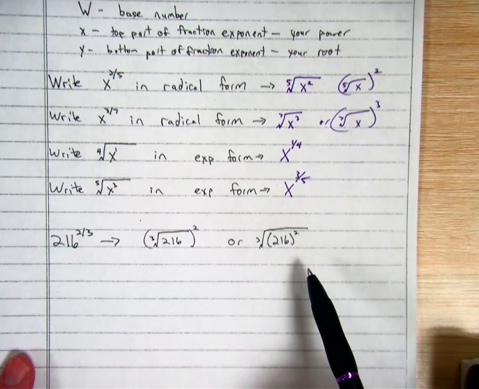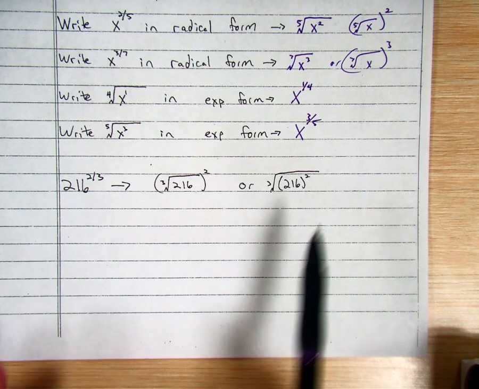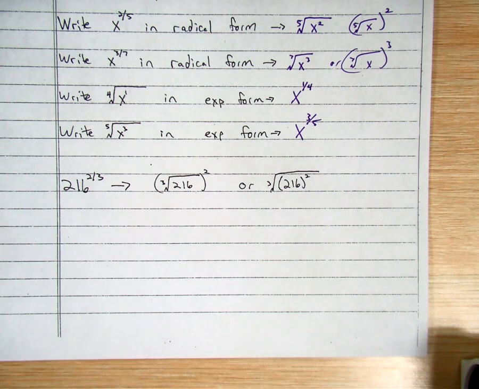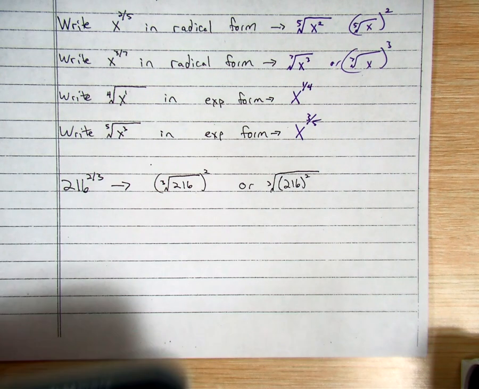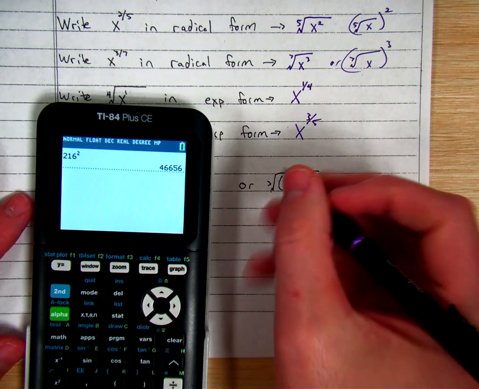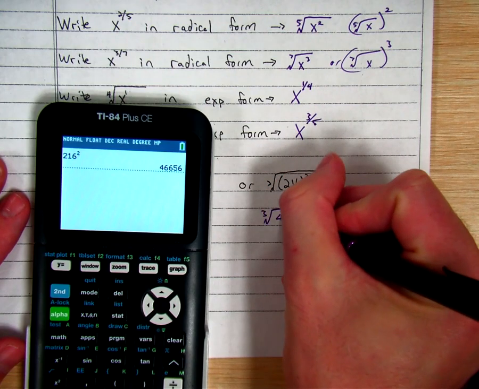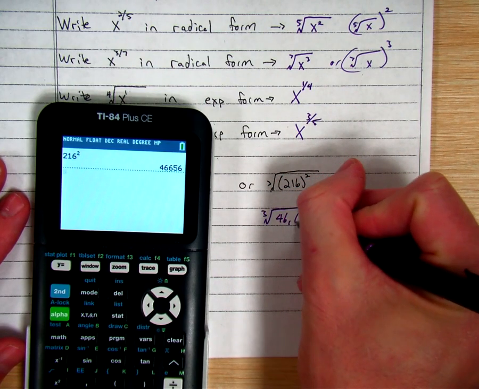Okay, if we were to go this way and do 216 squared, 216 squared is going to be 46,656. And that is going to be pretty difficult for you to evaluate the cube root of.